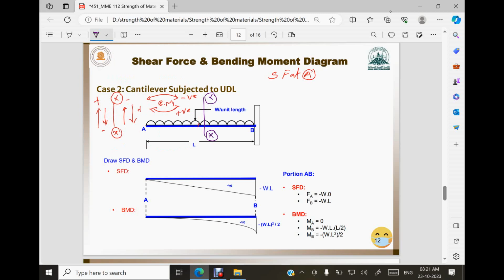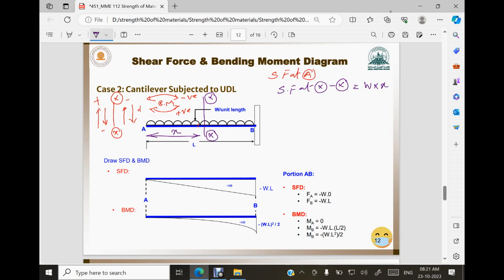On the left side, you can see that it is W per unit length. If this length is X, then what will happen? Shear force at XX will be how much? Whatever is the force on the left side, W multiplied by length X, is it not? WX.